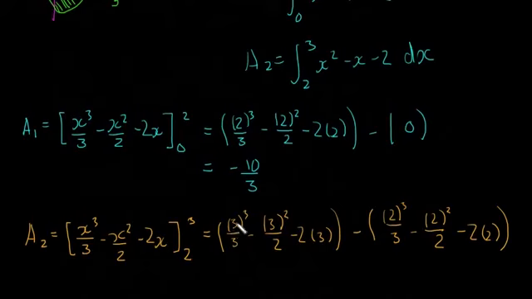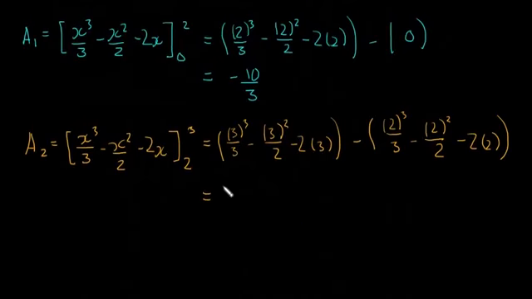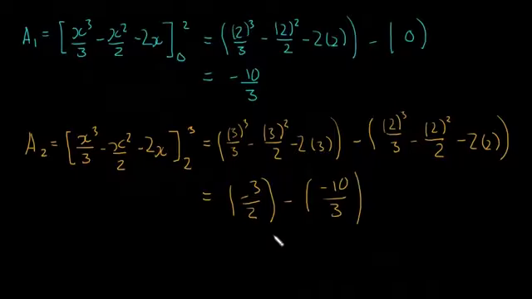Okay, sorry, it's getting a little bit messy. That's going to be equal to minus 3 over 2, this one here, minus, this one's going to be minus 10 over 3. Okay, so our overall answer then is going to be plus 11 over 6. Okay, because minus minus will make it plus.